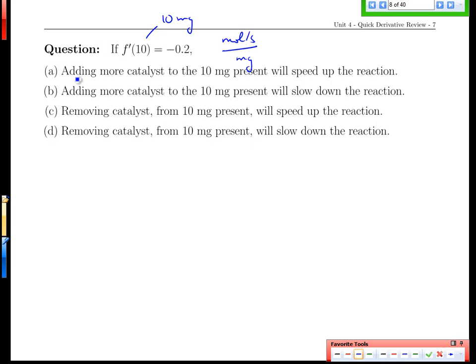Okay. Adding more catalyst to the 10 milligrams present will speed up the reaction. Well, again, let's think about what we have here. We have our catalyst, and that is in milligrams. We have the rate in moles per second.